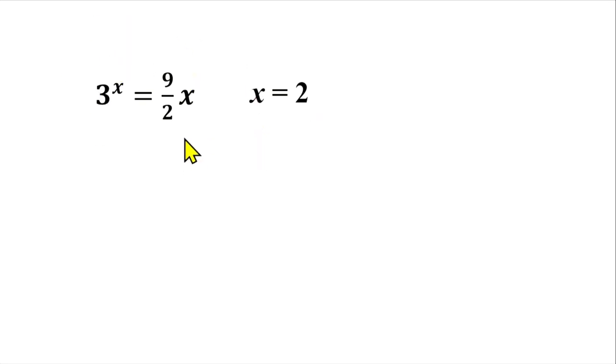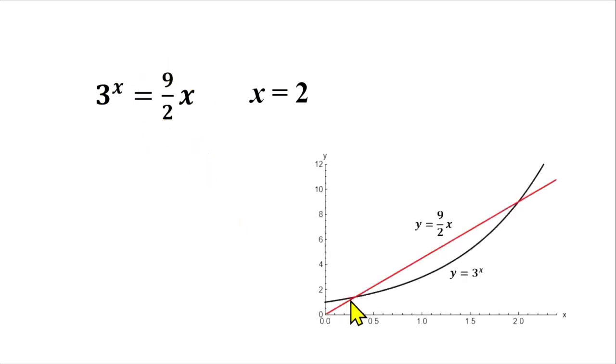However, if we plot the left-hand side and right-hand side of this equation, we will see that these two curves intersect in 2 points. One of them corresponds to x equals 2. In our case, it's x1. And the second one corresponds to another value, which is approximately 0.31.